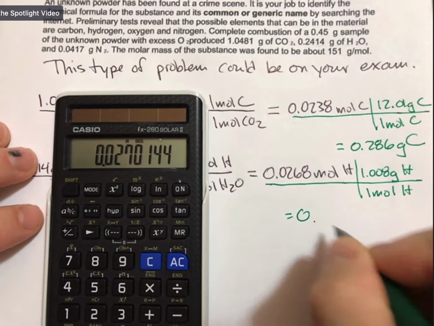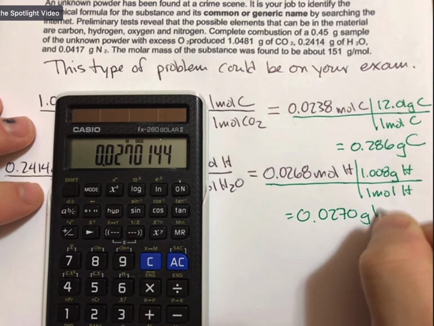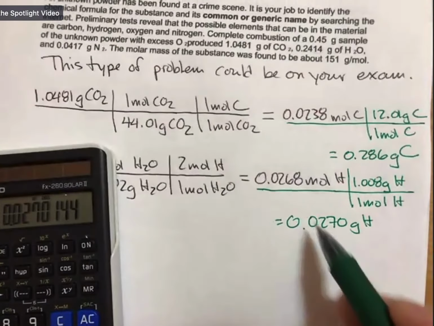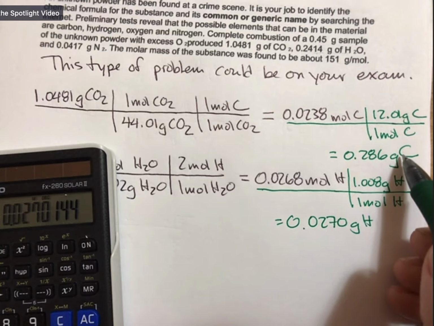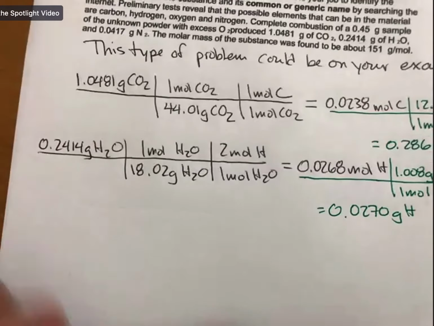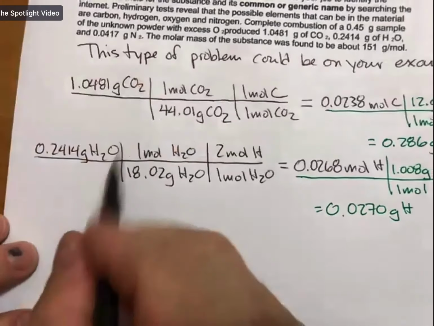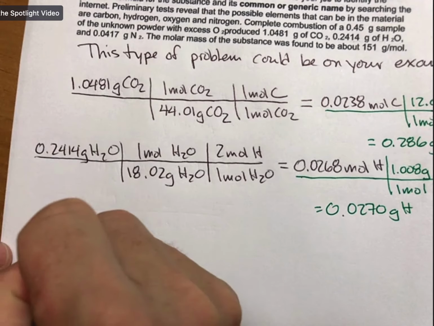That equals 0.0270 grams of hydrogen. Because my biggest problem in solving these, especially for hydrogen, but sometimes for carbon as well, is I'll pick the wrong number later in the problem. Okay, so now on to the nitrogen. The nitrogen is on the same size sample, so good.